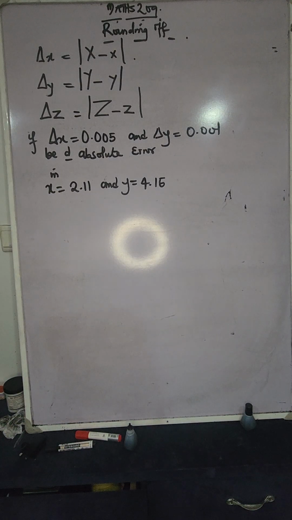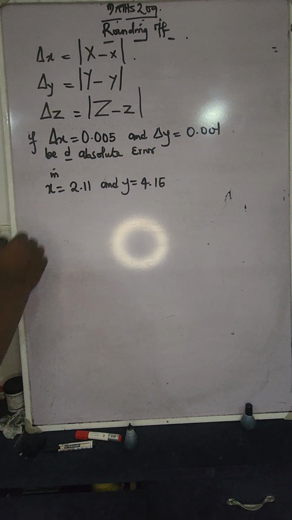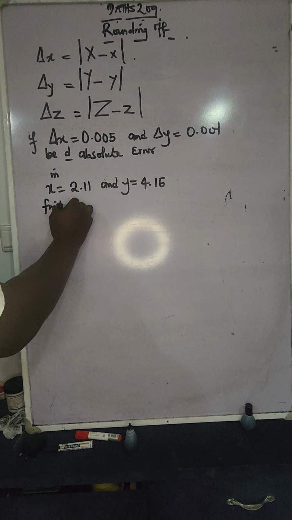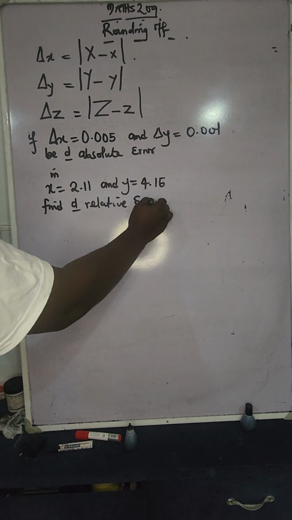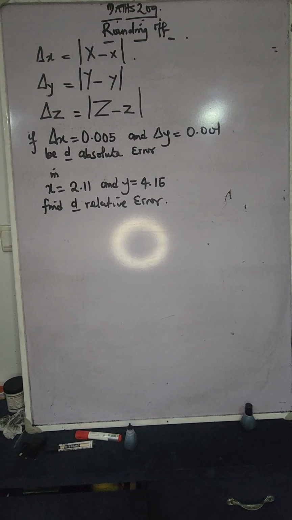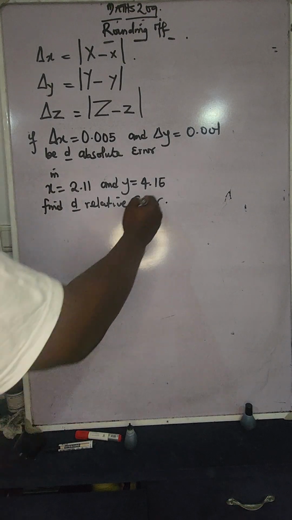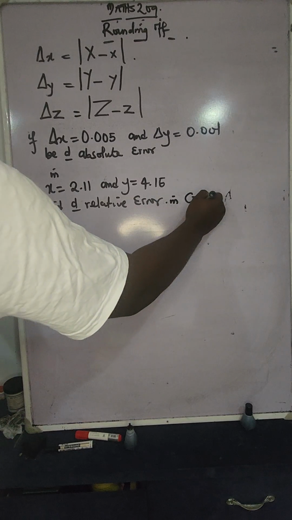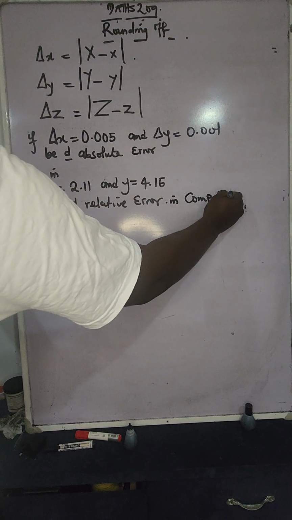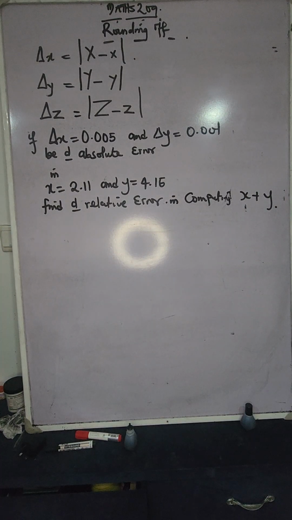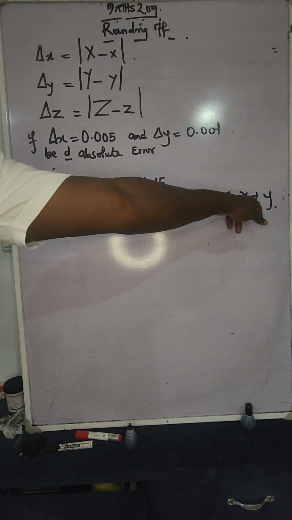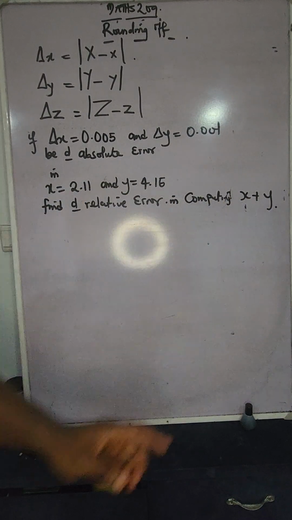It says find the relative error. And so how do we find the relative error of this function? Find the relative error in computing x plus y. So emphasis on computing, x plus y. Whatever this question says is what we are going to do.